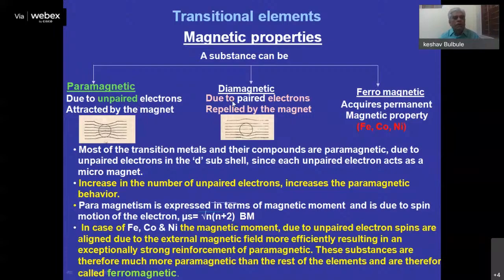And in few cases, there may be diamagnetic property exhibited. The elements which have completely filled d orbitals may be diamagnetic in nature, but the majority of them are paramagnetic in nature.